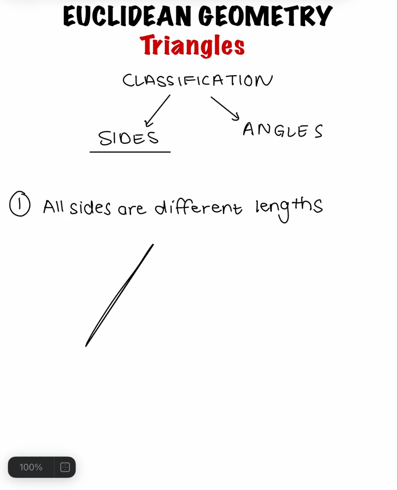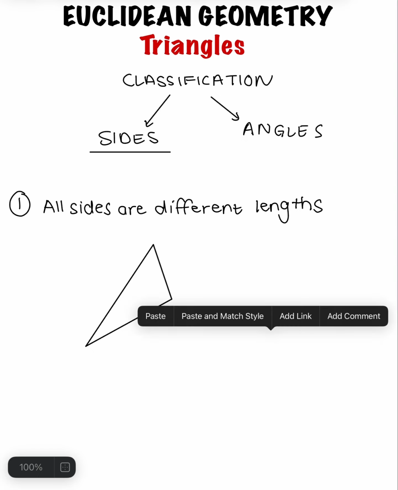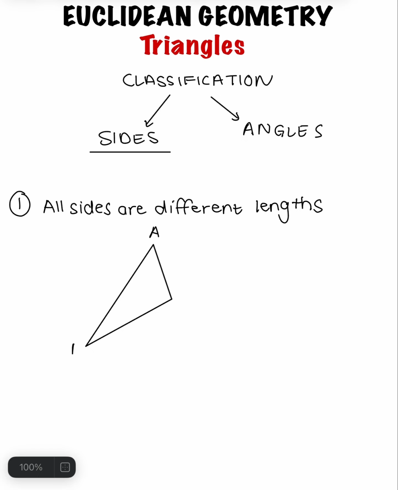If I drew a triangle, something like this, and I called this triangle ABC, and I said this was a 6 centimeter side, this was a 3 centimeter side, and this was a 4 centimeter side, we can tell that none of these sides are equal to each other, which also means that none of the interior angles are equal to each other.